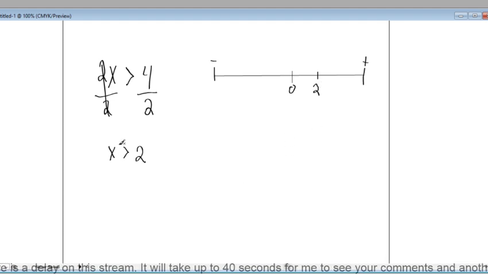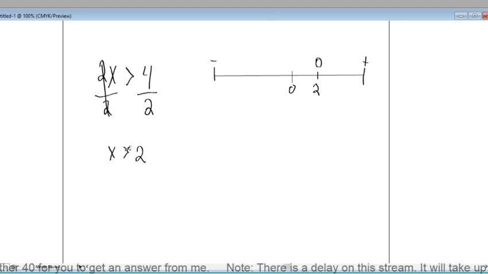Now this says x is greater than 2, not equal to, just that it's greater than. So to show that we are not actually equal to this point here, like we said, we can't actually have 2 for x. That wouldn't work. To show that, we are going to use an open circle right on 2. An open circle shows that we start at this point, but we don't actually include it.